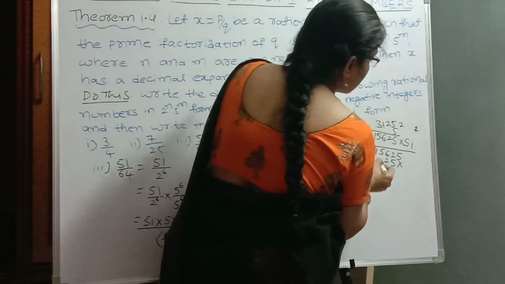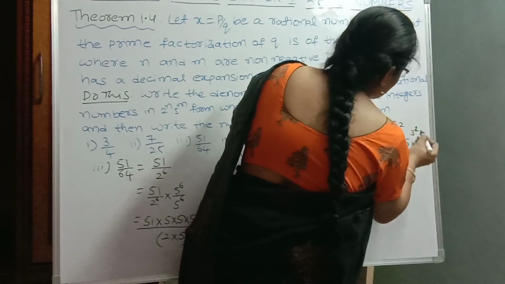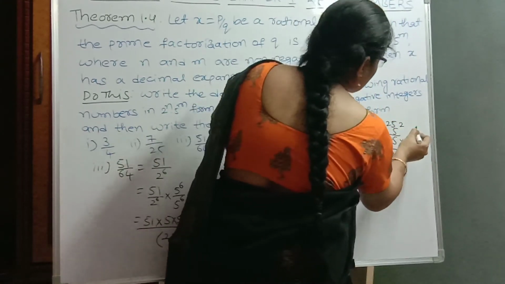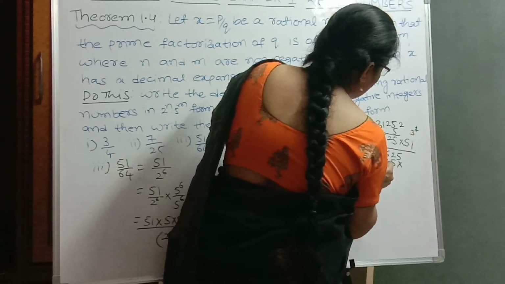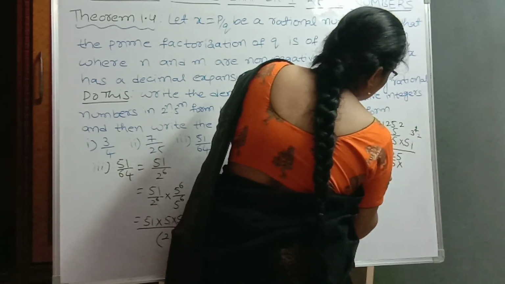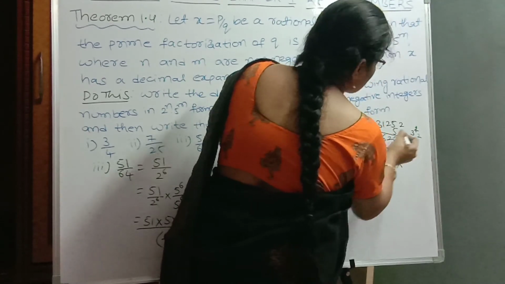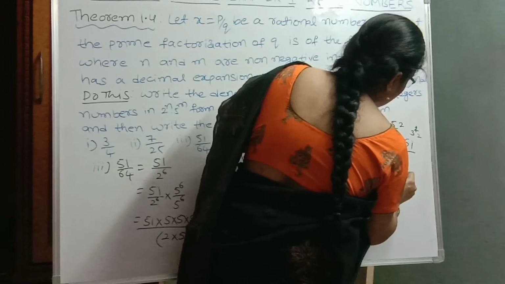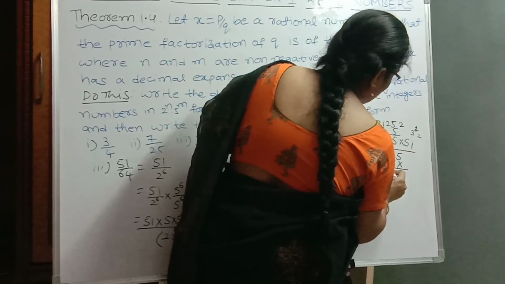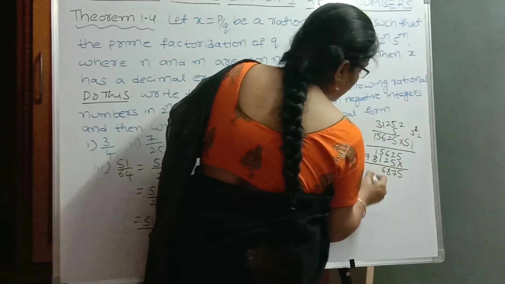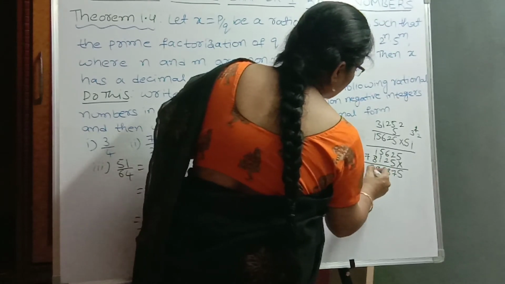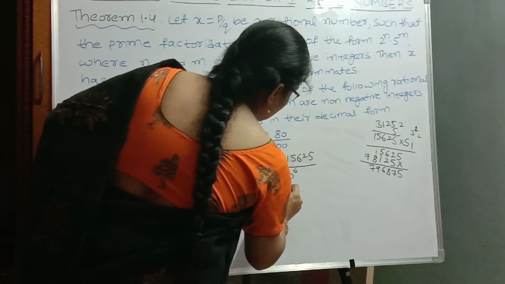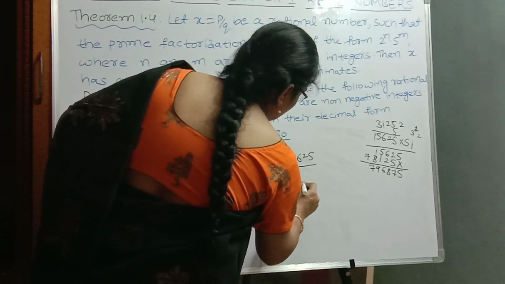Next 5 6s are 30, 30 plus 1 is 31. Now 5 5s are 25, 25 plus 3 equals 28. Next 5 1s are 5, 5 plus 2 is 7. Now add all these. 5, 7, 6 plus 2 is 8, 5 plus 1 is 6, 8 plus 1 is 9, 7. That is 796875.